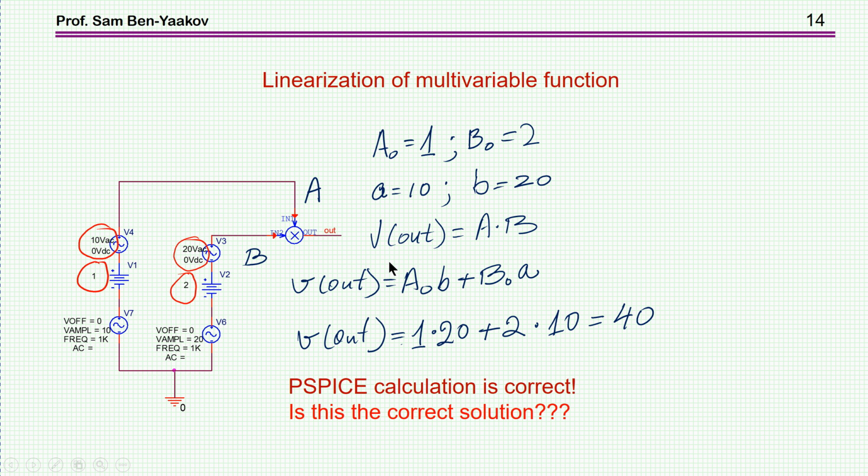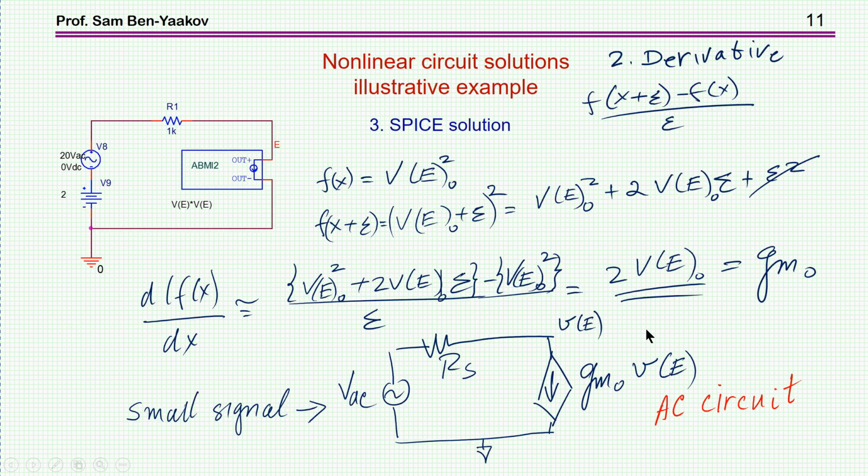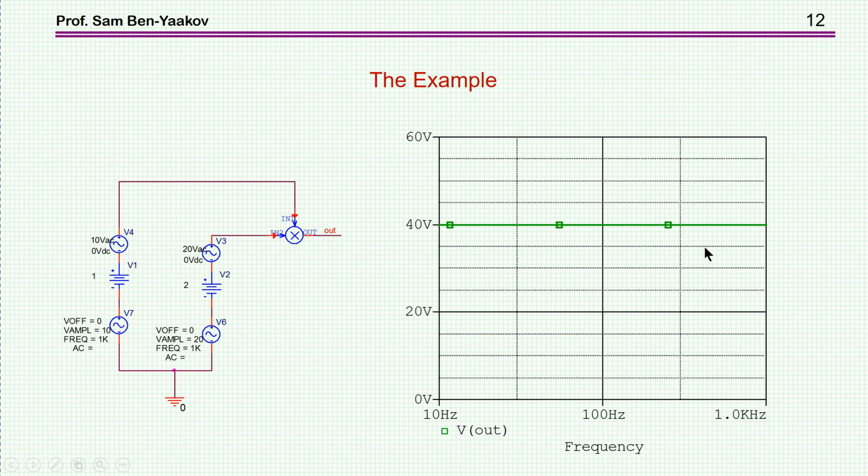Okay? The output is a times b. This is the function, and it has to be a0 times small b plus b0 times small a. So a0 times small b is 2, and b0 times small a is 20. Comes out to be 4. So this is how we got this 40 volts here.